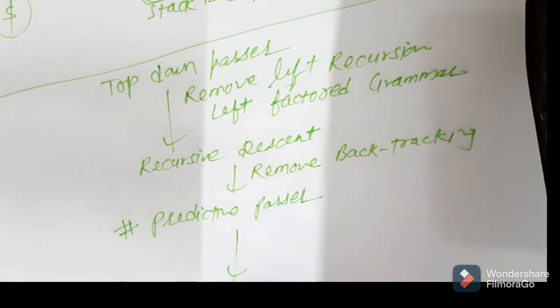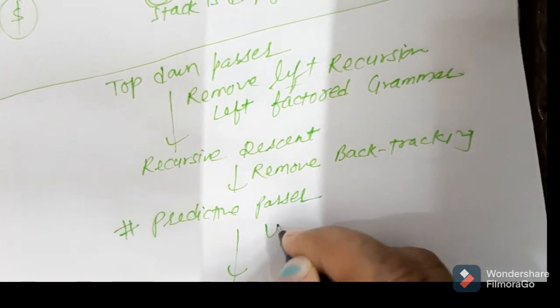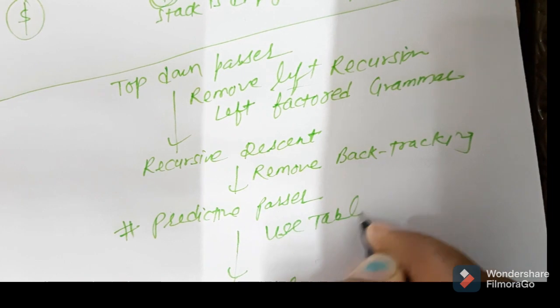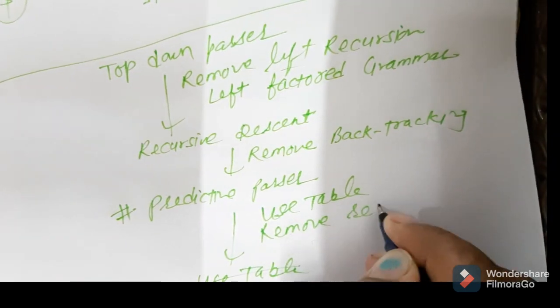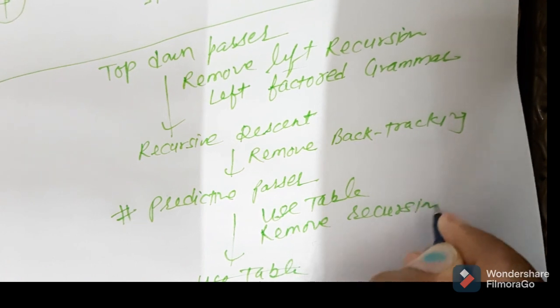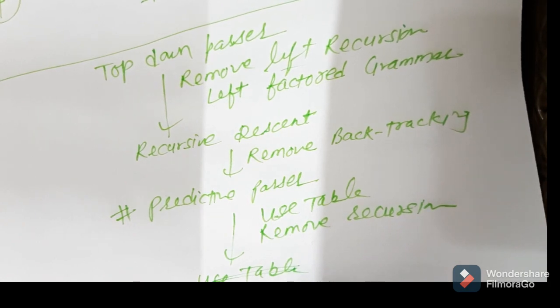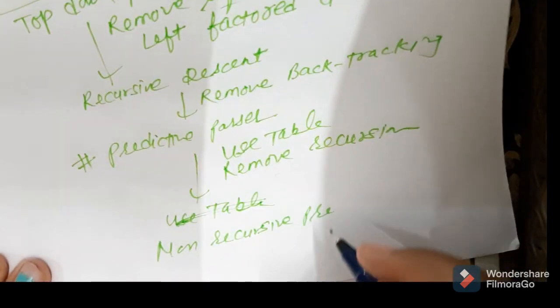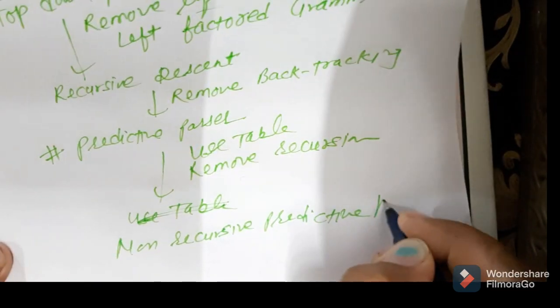Predictive parser uses a table and removes recursion, and then it becomes non-recursive predictive parser.